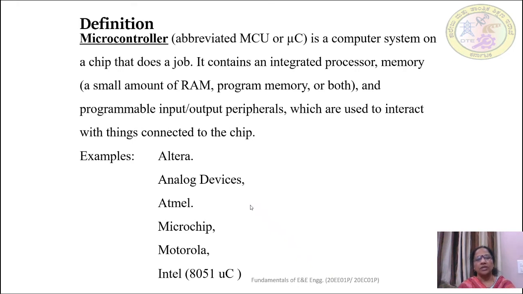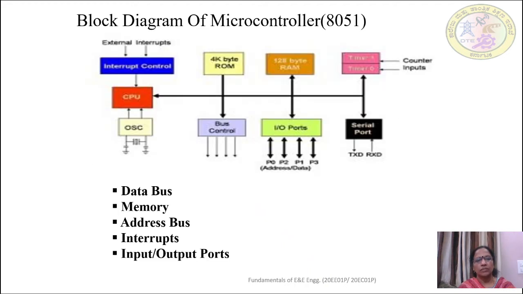In the memory, RAM is there and program memory is also there, and it also contains programmable input output peripherals, which are used to read the data or display the result. So this is a brief description of the microcontroller.